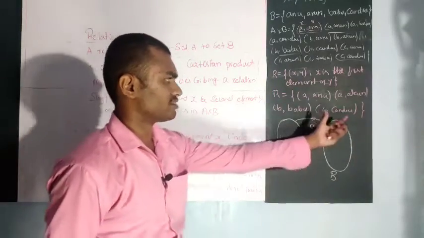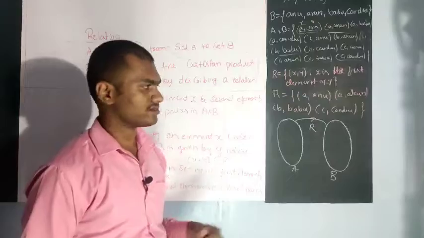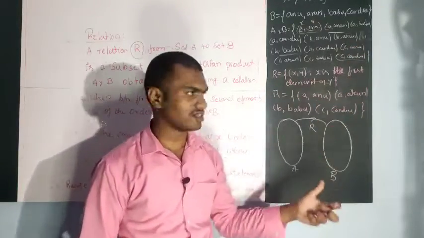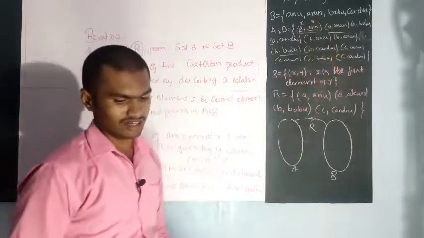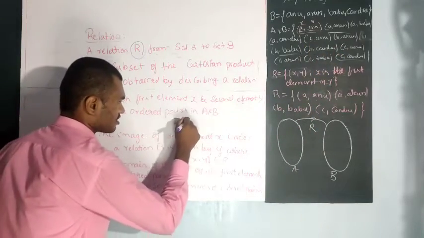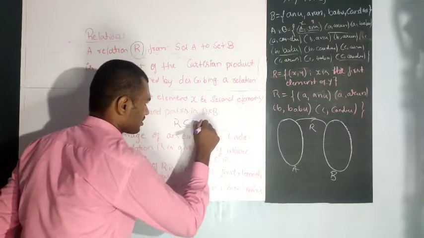These are the four elements of A cross B, right? That means R is a subset of A cross B, right?